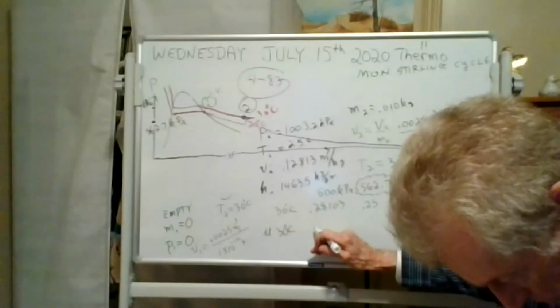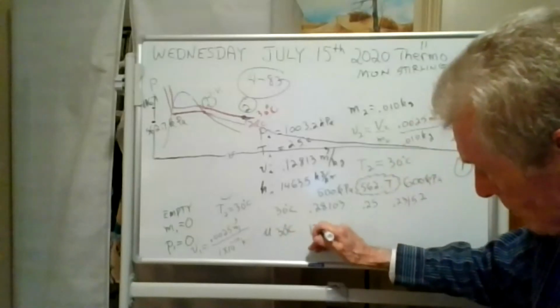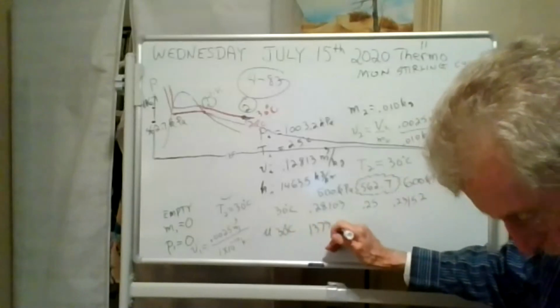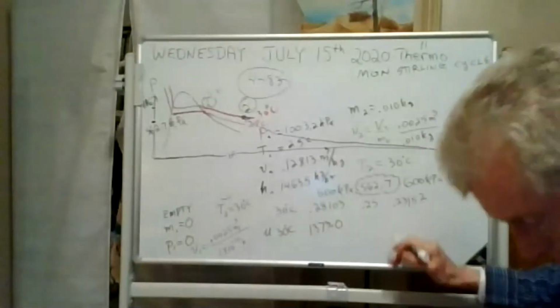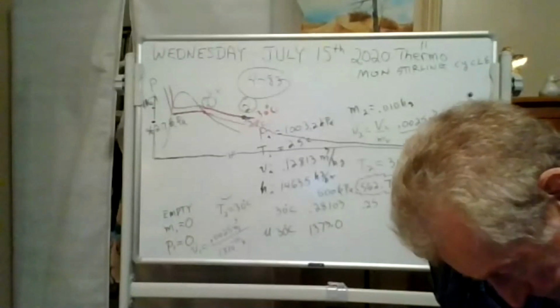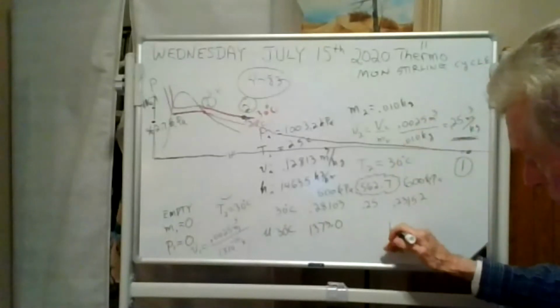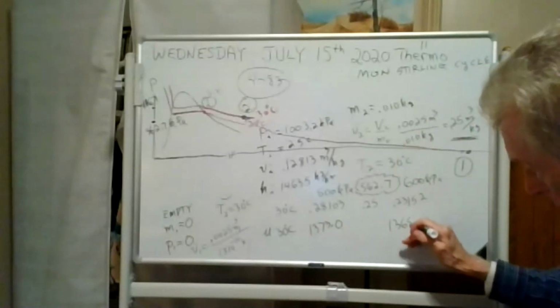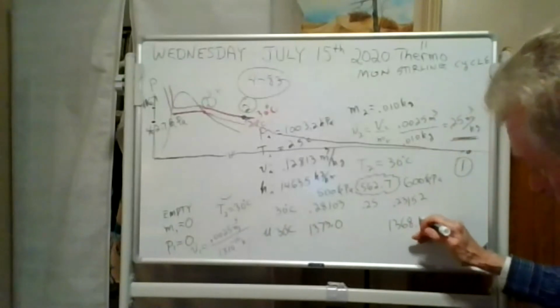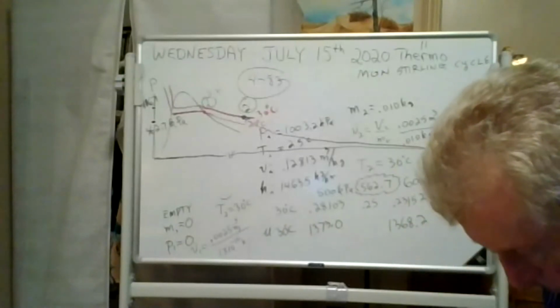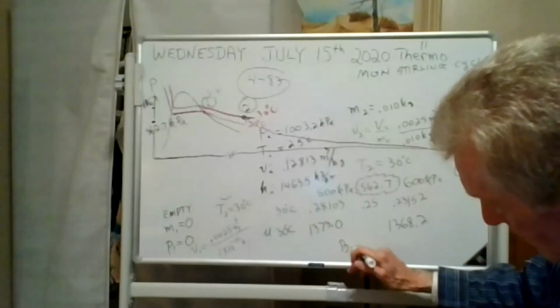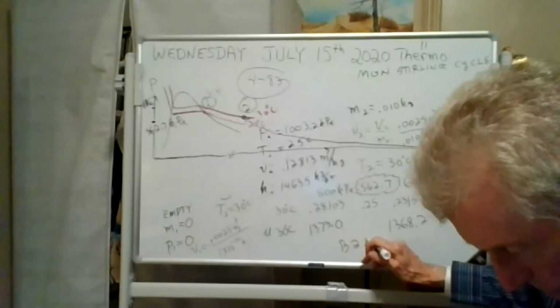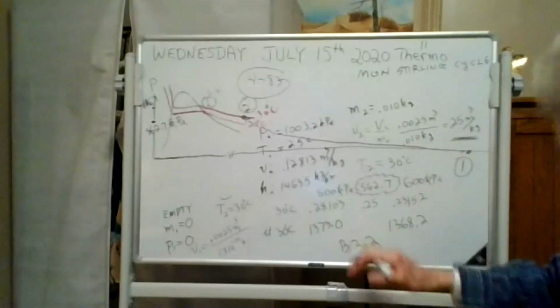It's 1373.0, and here it's 1368.2. These are from the tables. This is table B.2.2.